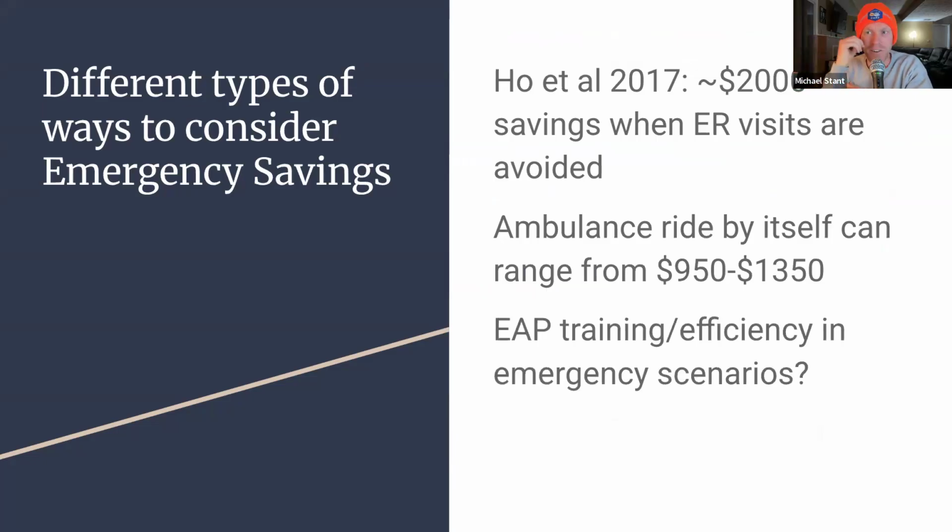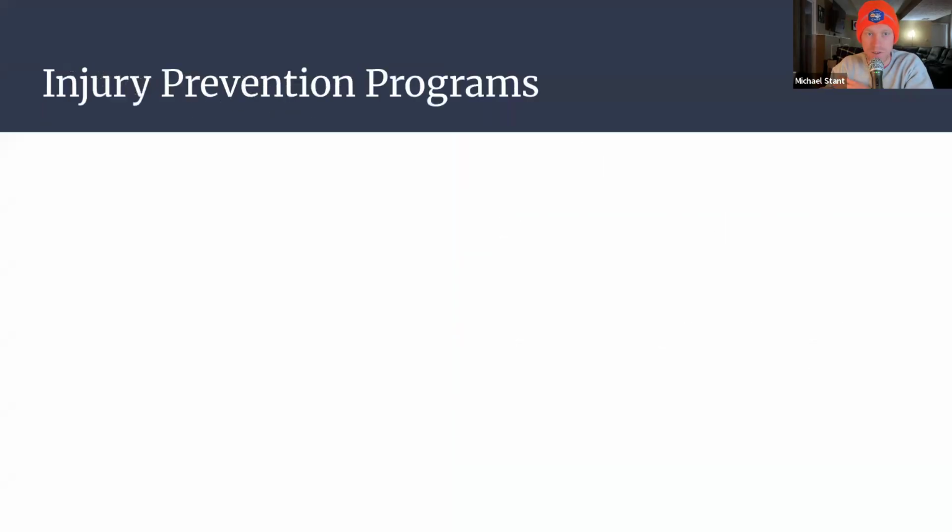I also want to point out that in the high school setting, I'm sure we all do EAP training for our staffs. Can you show that you trained your staff to be more efficient, and by getting more efficient, we saved X amount of time that could have saved someone X amount of money? It's just more of an idea than anything else.